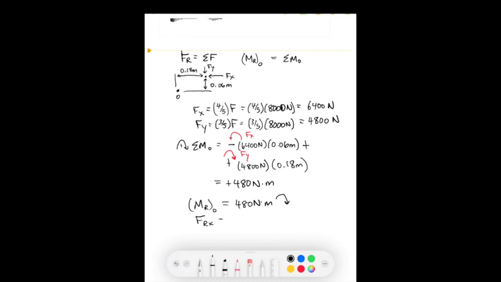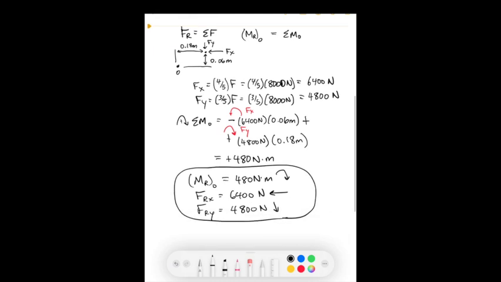And the x component we know already. So this system is equivalent to what is drawn above.